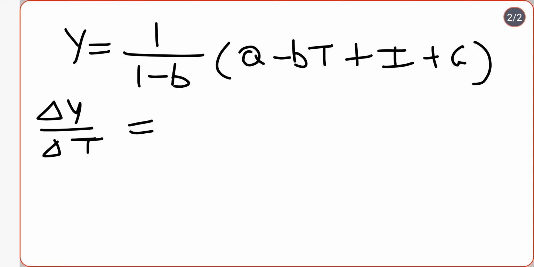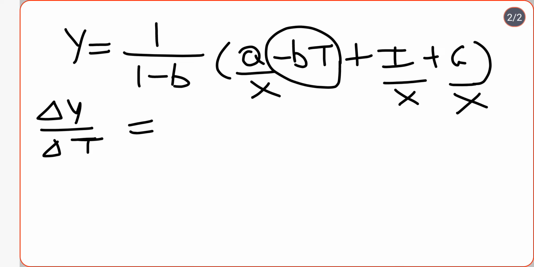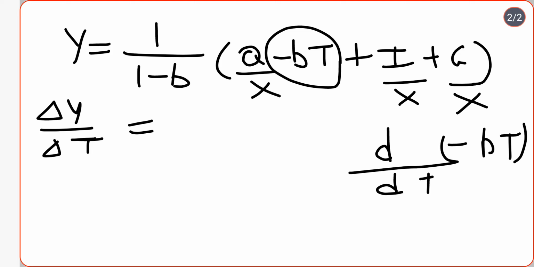Now what will happen? This term does not contain taxes, this term does not contain taxes, this term is also not containing taxes. Only this term will contain tax. So if I take the derivative of the term minus bt with respect to the tax, that is t, I will obtain only minus b.